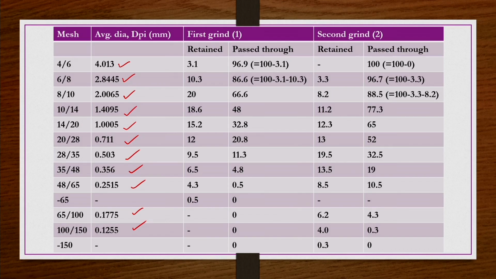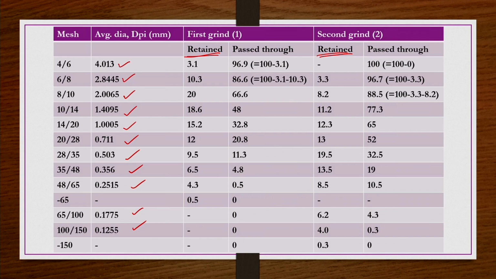In the table, for first grind and second grind, the fractions given are the percentage of material retained, because that is how the differential analysis works. For 4 by 6, xi is 3.1, meaning 3.1% of material passed through 4 and is retained on 6.